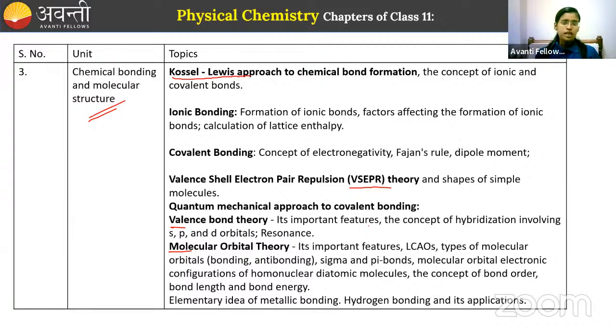Without understanding the concept, without knowing how a chemical bond is formed between two atoms, it is very difficult to understand the other things. So I will teach you how to approach this particular lesson and what the concepts involved are. You don't have to worry. Got it?